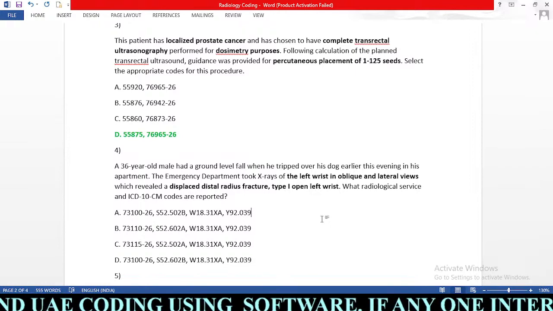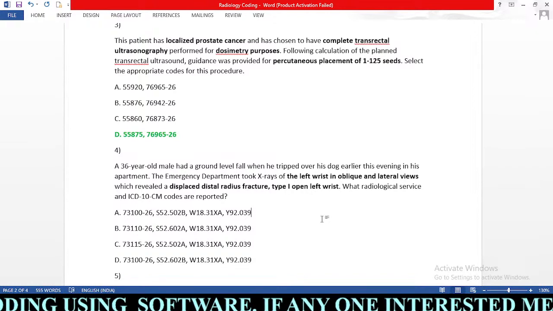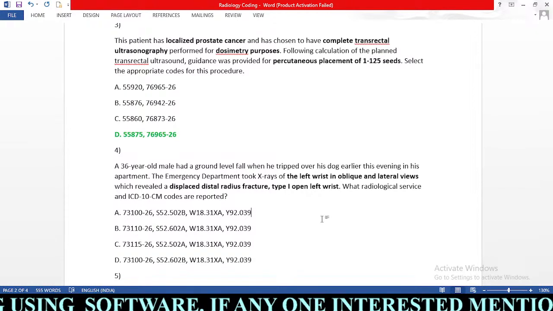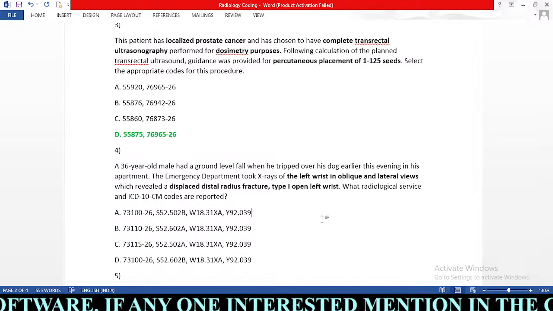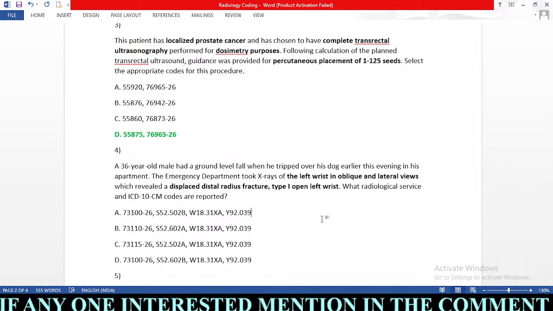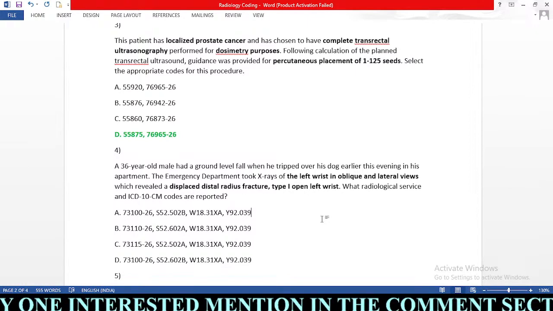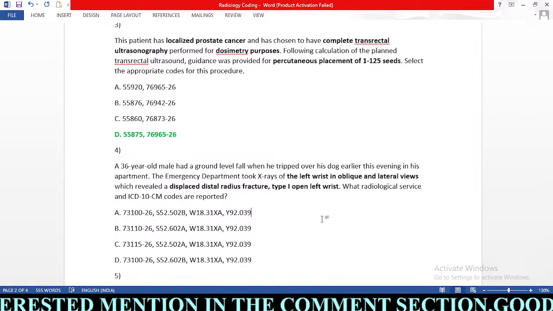Why? Because it is of minimum three views. So we will check 73115. So 73115 is for radiological examination, wrist, arthrography, radiological supervision and interpretation. But as per the question, we don't have any arthrography. So we can't select 73115.